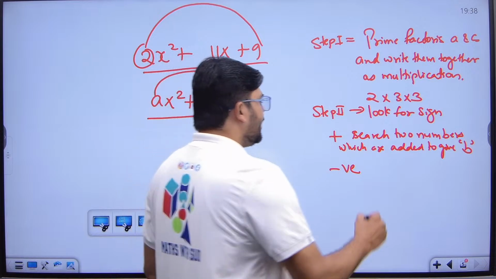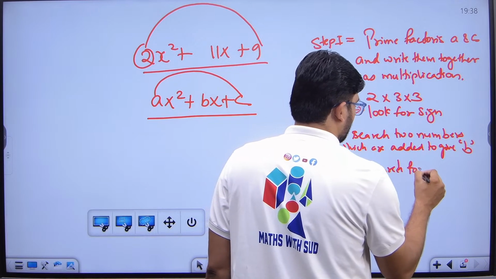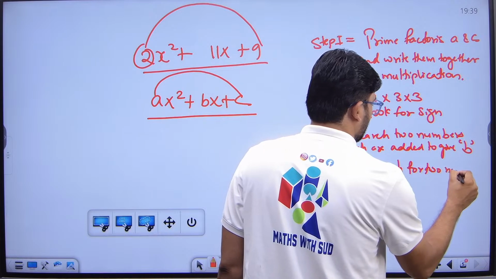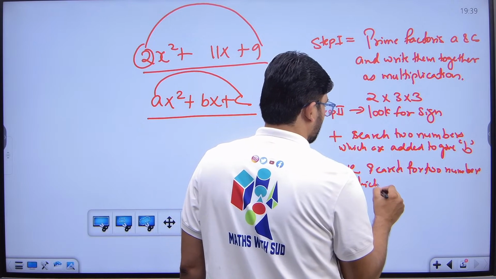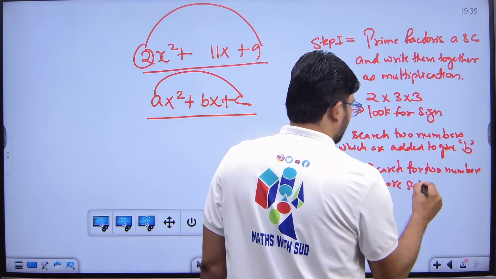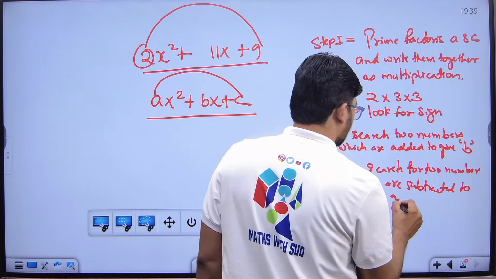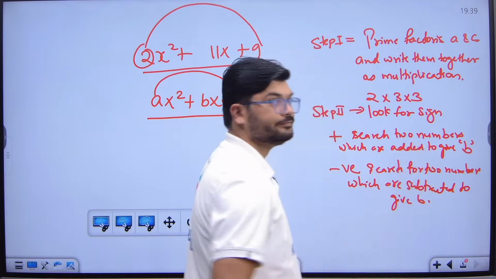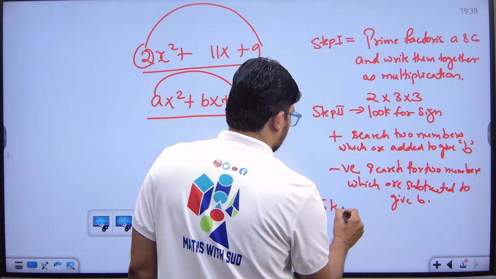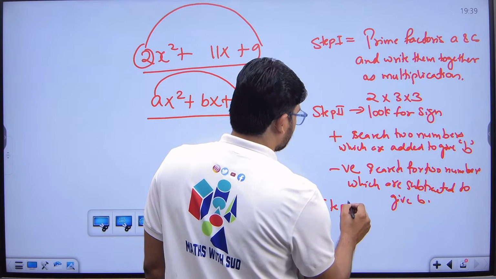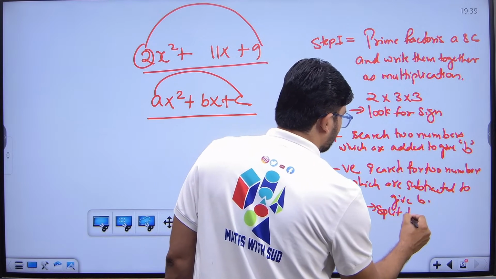And if it is negative, you have to search for two numbers which are subtracted to give b. Okay? Step 3. Split the middle term.